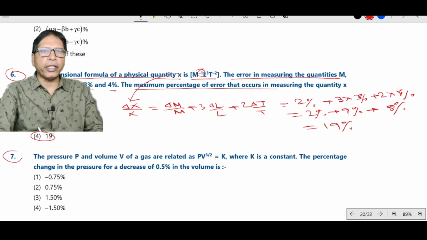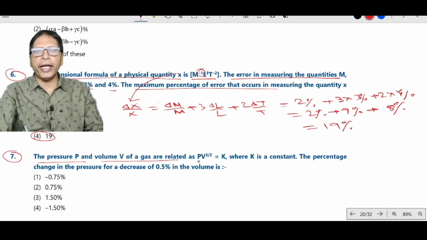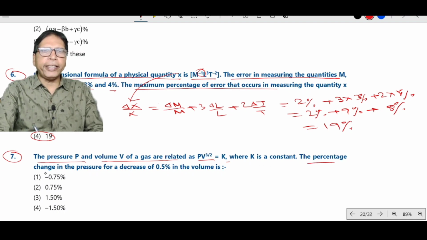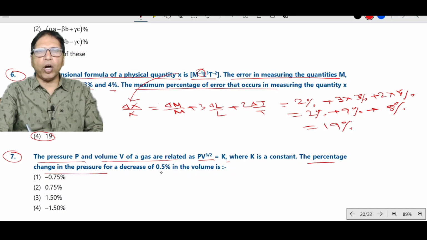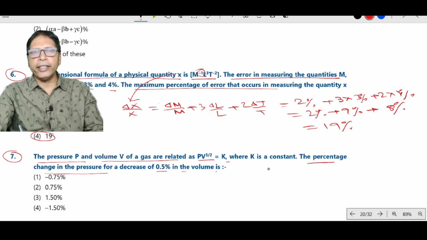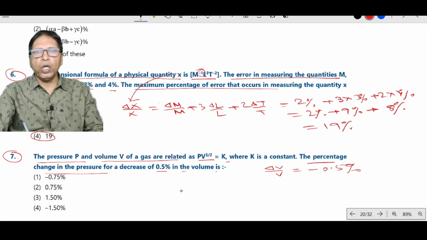Now question number 7. The pressure P and volume V of gas are related as P V to the power 3 by 2 equals K. The percentage change in the pressure for a decrease of 0.5% in the volume. Look at this. Here delta V by V equals minus 0.5%. Here P equals K times V to the power minus 3 by 2.